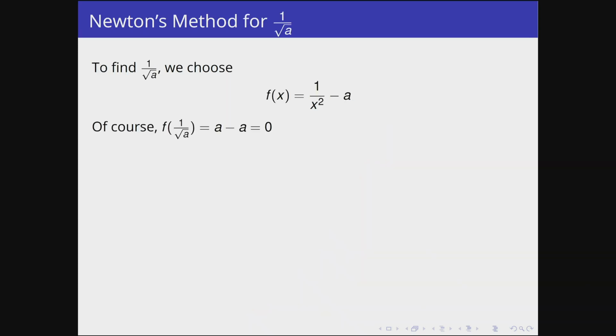Okay, and now we are going to talk about our specific case, where we want to find the square root of 1 over a. This time, we are going to use the function 1 over x squared minus a. Of course, f of 1 over square root of a is 0. If we differentiate it once, we get minus 2 over x cubed.